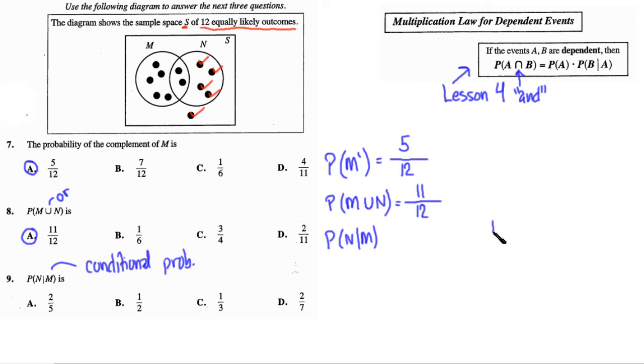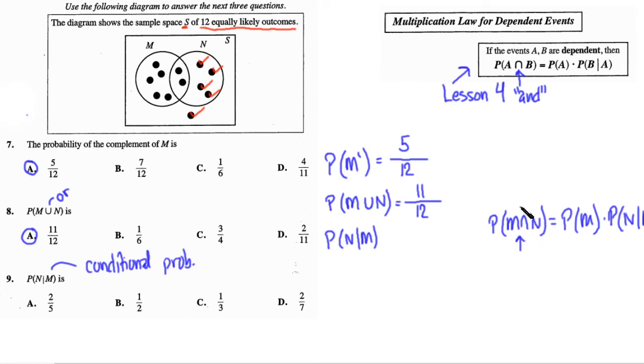So it's going to be the probability of M and N occurring, which equals the probability of M occurring times the probability of N occurring given that M has occurred. We're able to determine what this is.